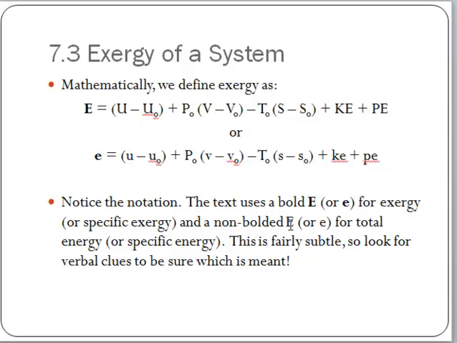So when I see just an E that's not bold, I mean total energy, internal energy plus kinetic energy plus potential energy. And if I see it bold, that's exergy. I think that's fairly subtle, so if you're not sure, be sure to either ask somebody what is meant or look for those subtle verbal clues so that you can figure it out.